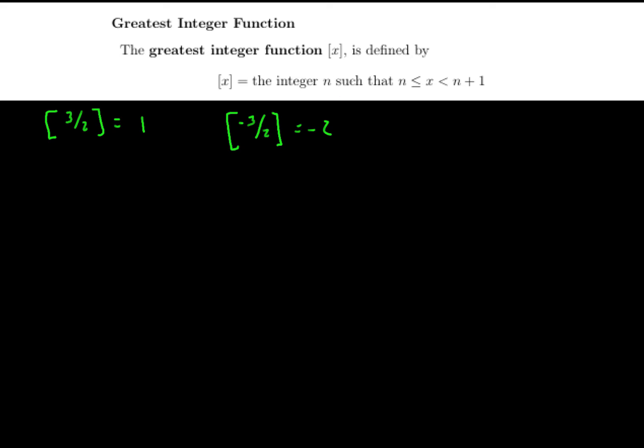Well, from the extension principle for hyperreal numbers, we know that we can take this greatest integer function and extend it to the hyperreals. If I put a hyperreal number into this function, it should give me a value. Let's take a look at what the graph should look like.